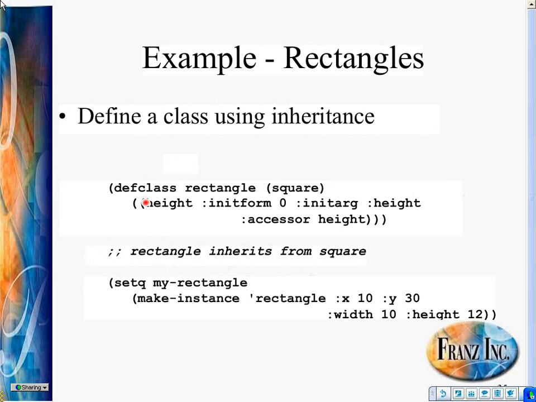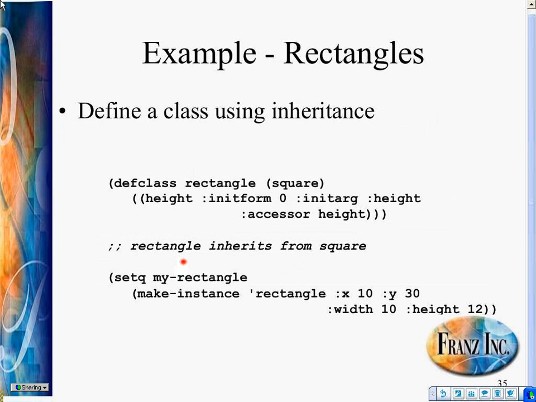So here we have another class called rectangle, which is a subclass of square, and it has an additional slot called height. And it inherits the rest of its slots, width, X, and Y, from square. So now we have my-rectangle, and we can specify the height init arg.